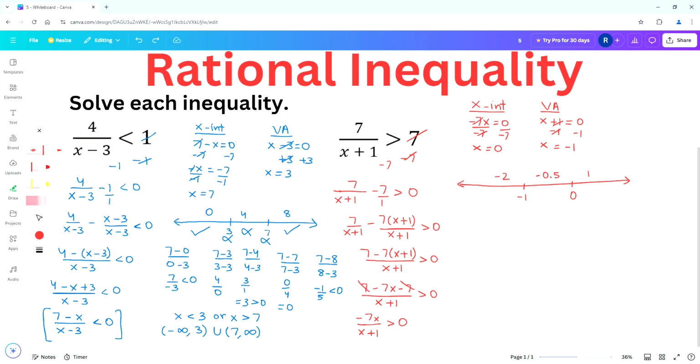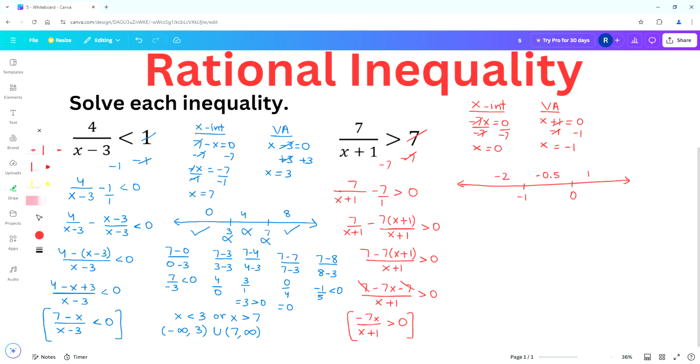Next, we can sub in x as -2, -1, -0.5, 0 and 1 in this inequality, -7x over x plus 1 greater than 0. We have to find which of these x values will satisfy this inequality.